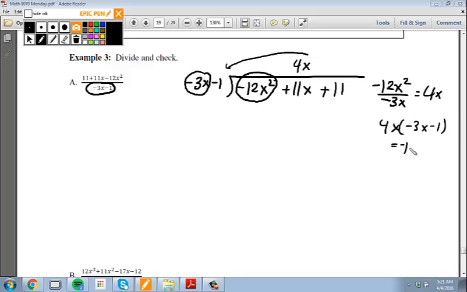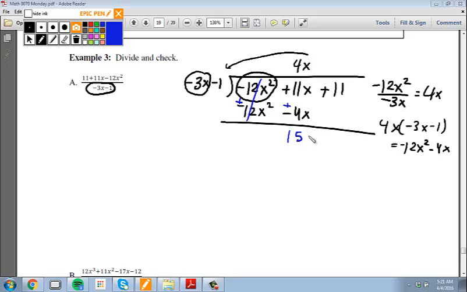That will give me negative 12x squared plus 4, sorry, minus 4x. That's why I couldn't see it. So here is my minus 12x squared minus 4x. Remember that I need to subtract, so I need to change the signs. Plus, so that cancels. Negative 12 plus 12 is 0. And 11 plus 4 is 15, so I have 15x and bring down the 11.